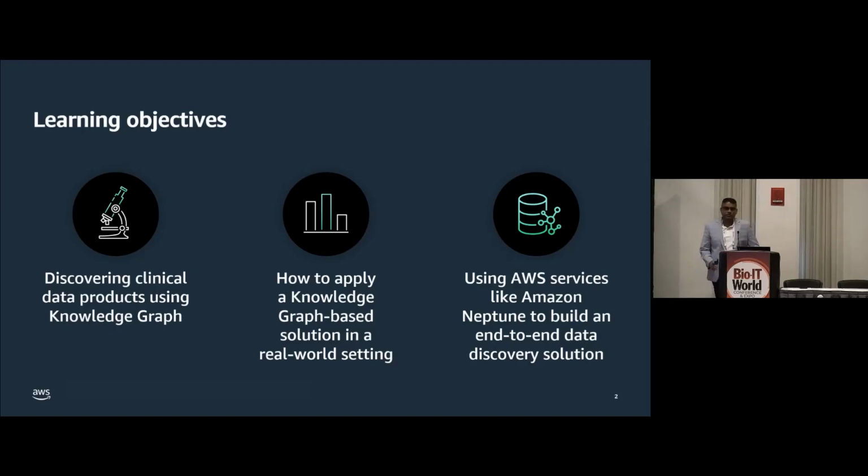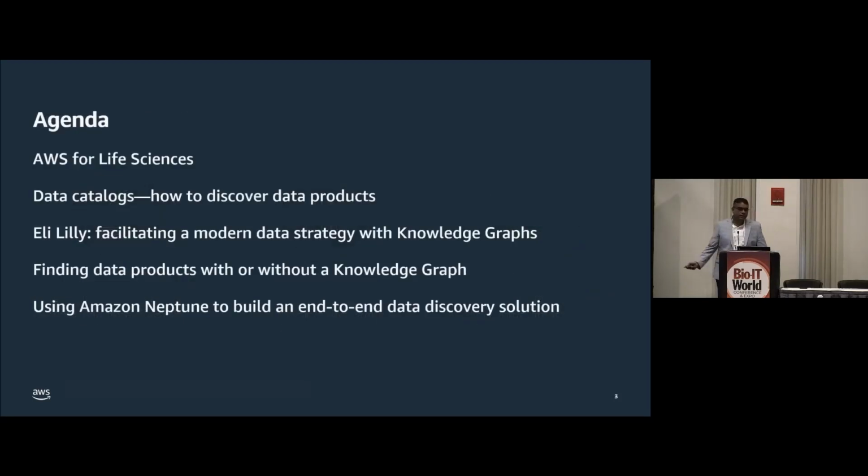Amazon Neptune is a service that can be utilized to build knowledge graphs, not only for finding the data product, but otherwise as well. And Som is going to be talking about that a little bit later. So, agenda: AWS for life sciences. I want to quickly talk about how AWS and the life sciences industry work together on building some of the solutions around the modern clinical trial and modeling and data strategy.